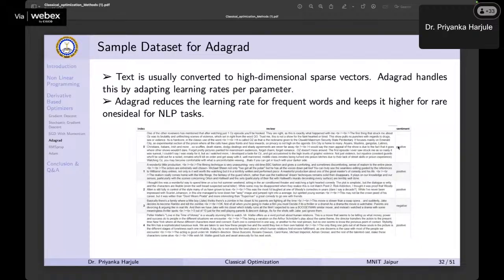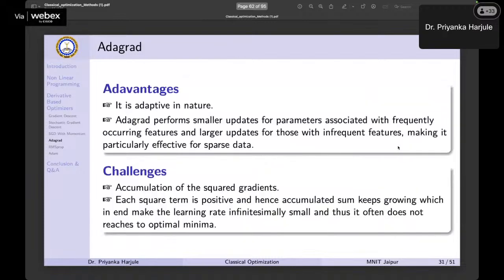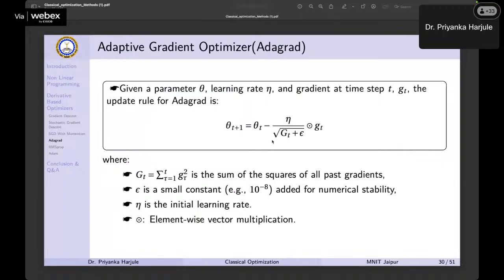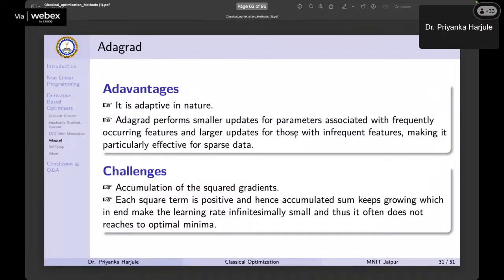Now AdaGrad also has certain disadvantages, that is it is only accumulating gradients. So if the data set is not sparse, then the gradients accumulate over time and become so large that this entire learning rate becomes very small, and the entire learning process comes to a stall.